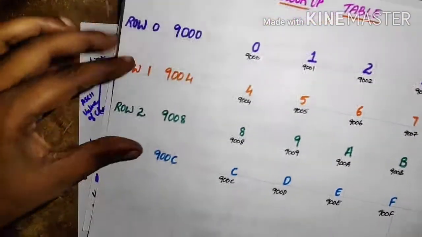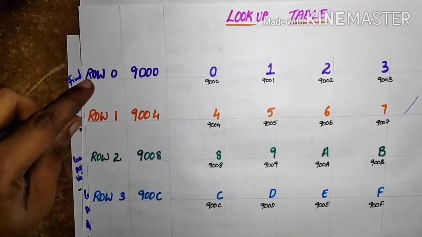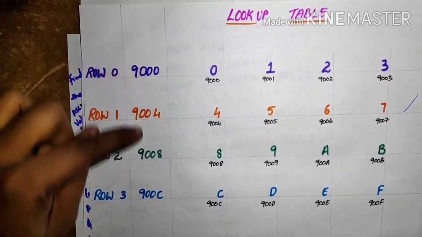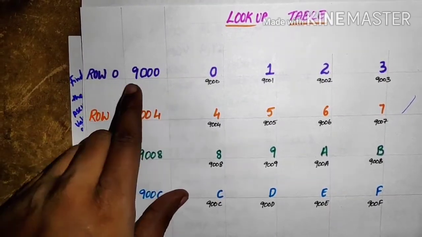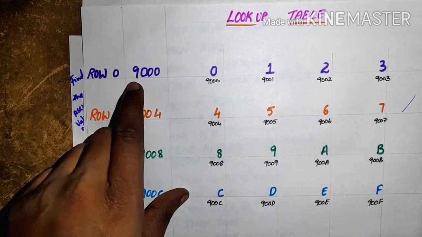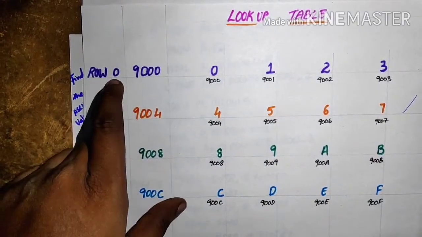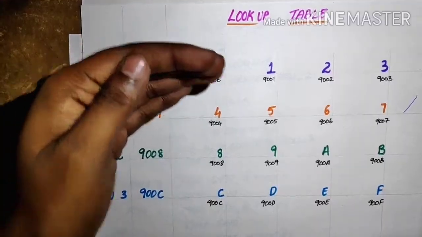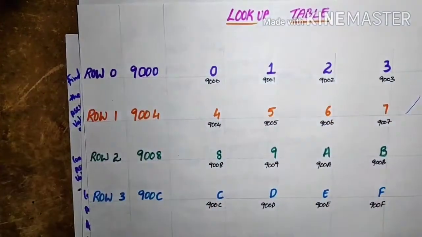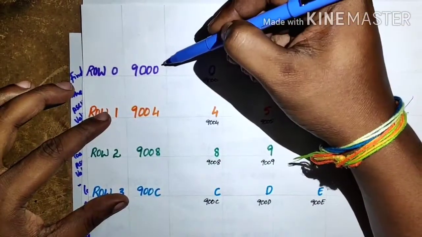Each and every row has 4 digits. For example, row 0: we start loading the ASCII values of each character here, starting from the value 9000.